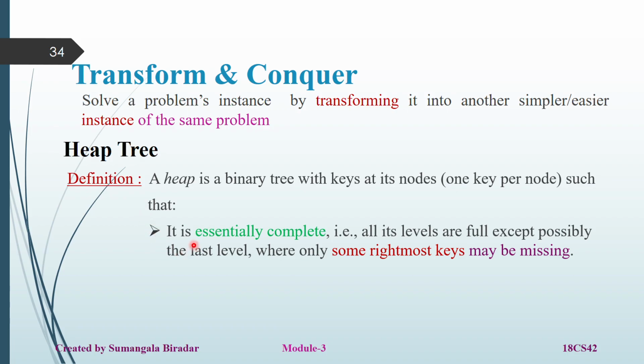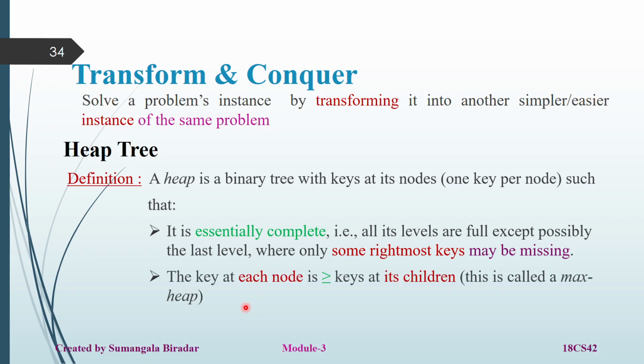Let's see. The first one is that it is essentially complete. That is, all its levels are full except possibly the last level, where only some rightmost keys may be missing. What does this mean? It is a complete binary tree, but essentially means it is almost complete. If the last right node is missing, you can still consider that a heap tree.